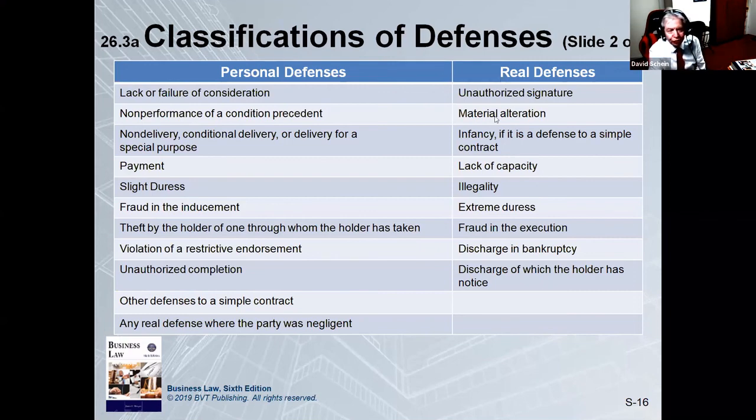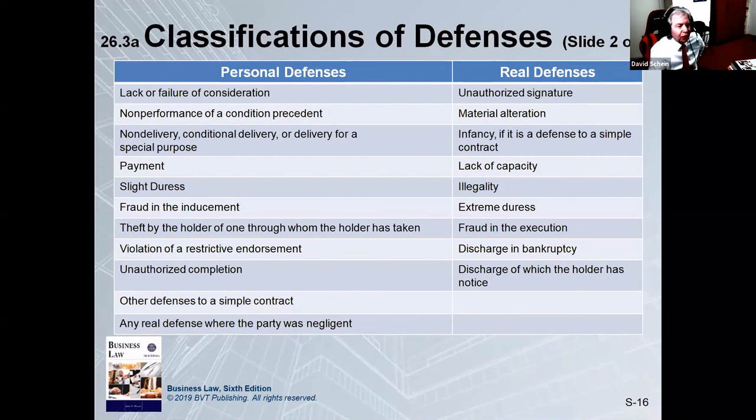For holders in due course, only real defenses can be used against them to avoid paying the financial instrument that you have in hand. Personal defenses, holders. Real defenses against holders in due course and holders. So this is the legal distinction between a holder and an HDC.